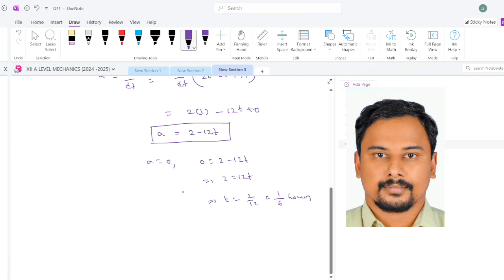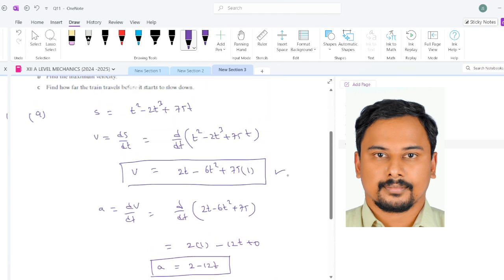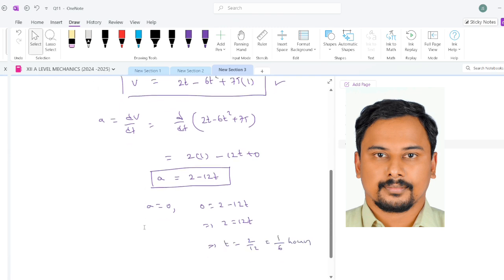Now we got time t is equal to 1 by 6 hours. So substitute this time in the velocity equation function so that you will get the maximum speed. That is 2 into 1 by 6 minus 6 into 1 by 6 whole square plus 75.